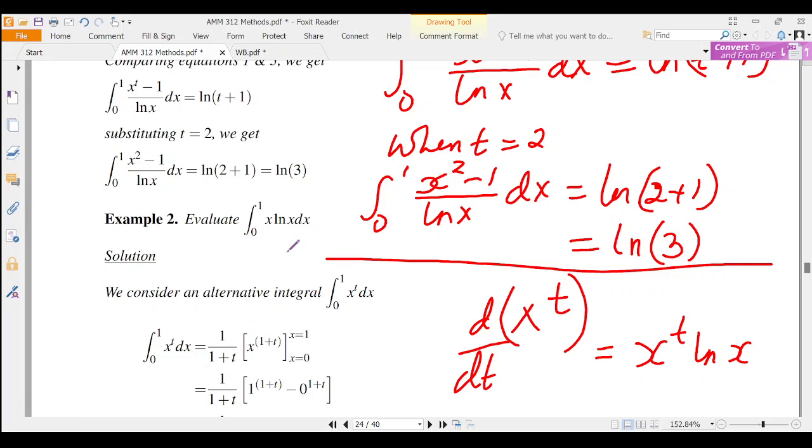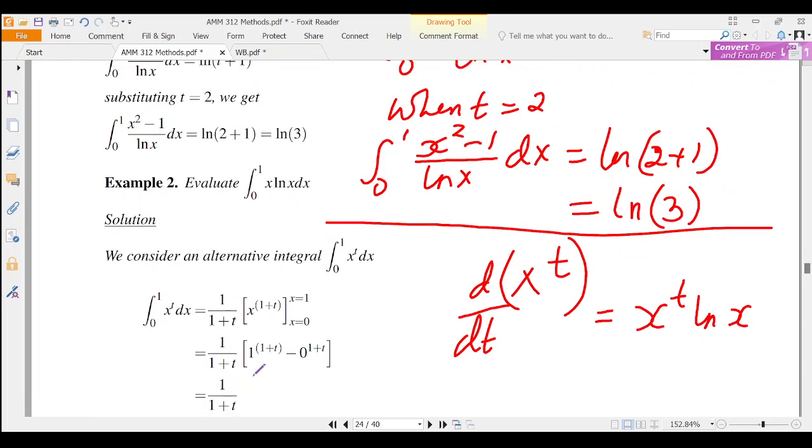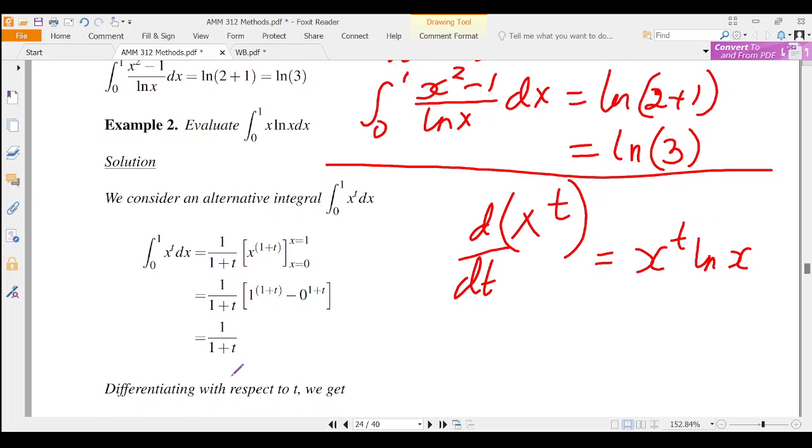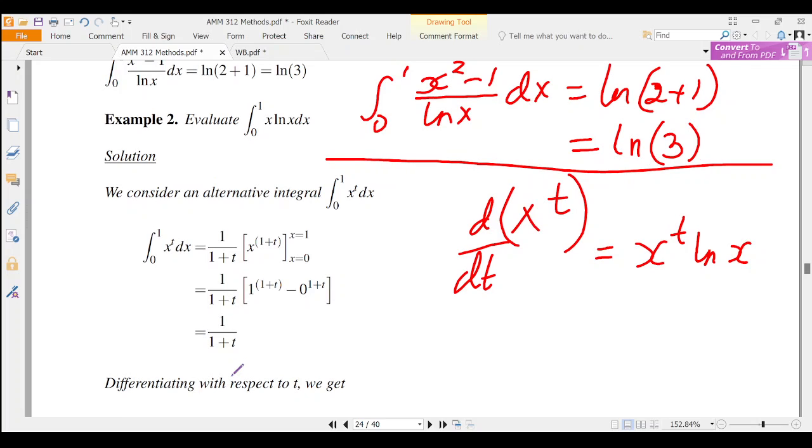Integrating x raised to power t, as we have seen, from 0 to 1 will give us 1 divided by 1 plus t, as we had done in the previous example. So we now have this integral, the integral from 0 to 1 of x raised to power t dt, which is equal to 1 divided by 1 plus t.